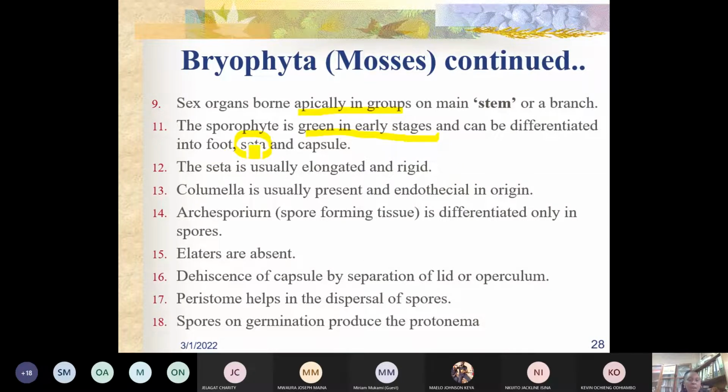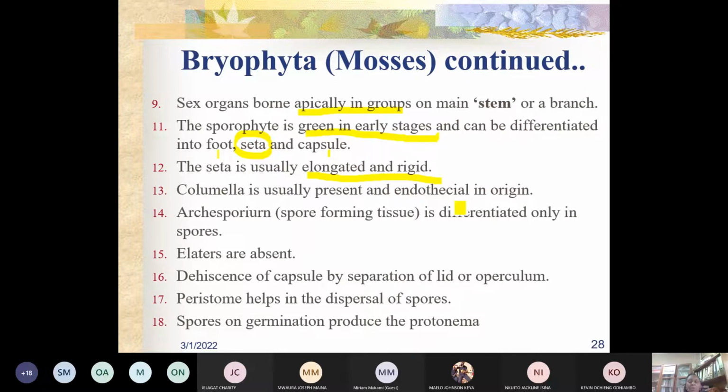But now here we have a seta which is well differentiated, in addition to the foot and the capsule. So the seta is usually elongated and rigid. We have a columella. I hope I'll show a diagram there with the columella. The columella is usually present, and internal, its origin, it's made from within itself.